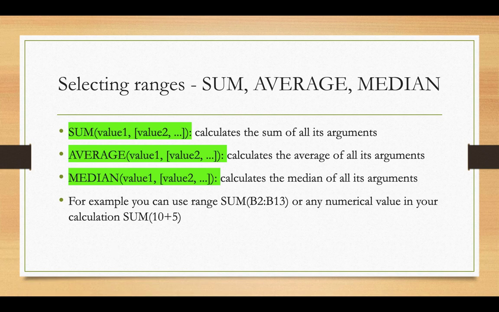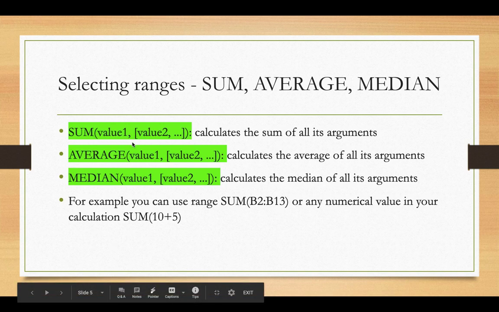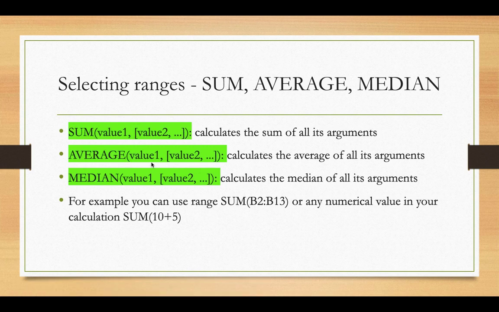Next is selecting the ranges for sum, average and median. In order to find the total sum, average or median, you need to know these functions, which is a very good way of starting data analytics with Excel. As I said, sum is used to calculate the sum of all arguments, average is used to calculate the average of all arguments, and median is also calculated from the arguments.